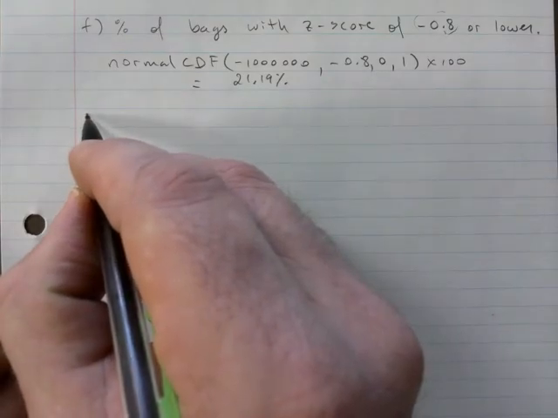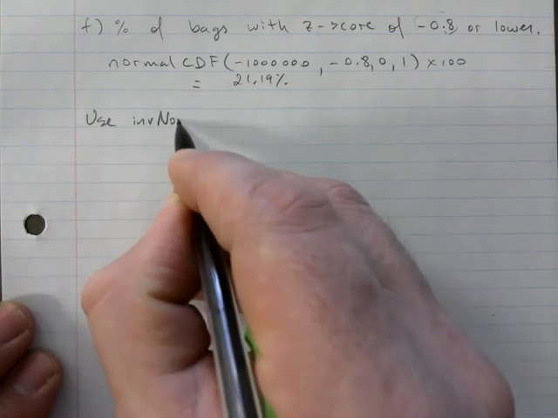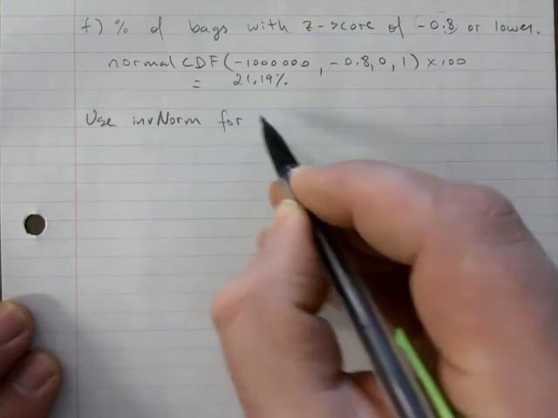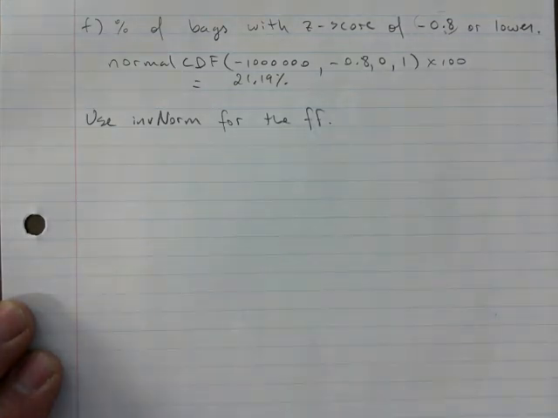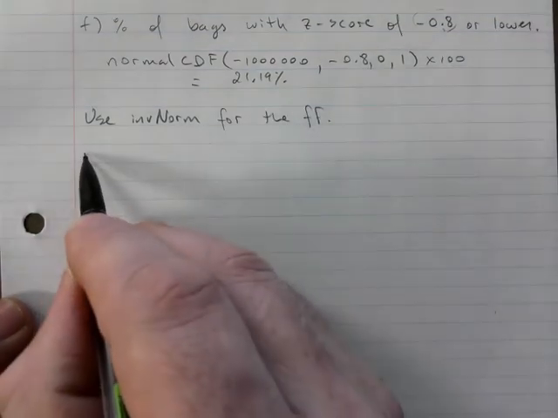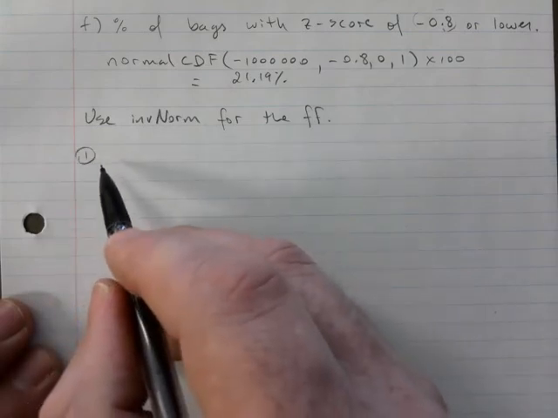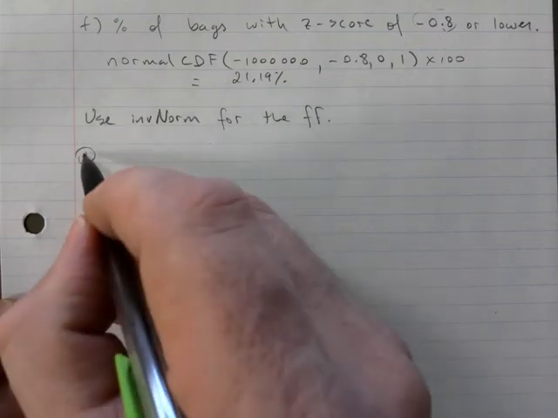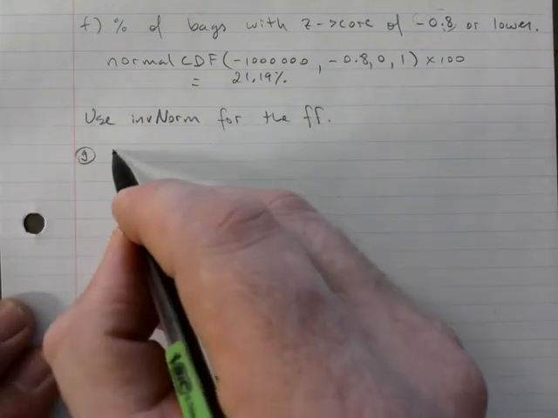Inverse norm. So now we're going to use inverse norm for the following. Oh, ABCDF. There we go. We're continuing from the potato chip bags there.